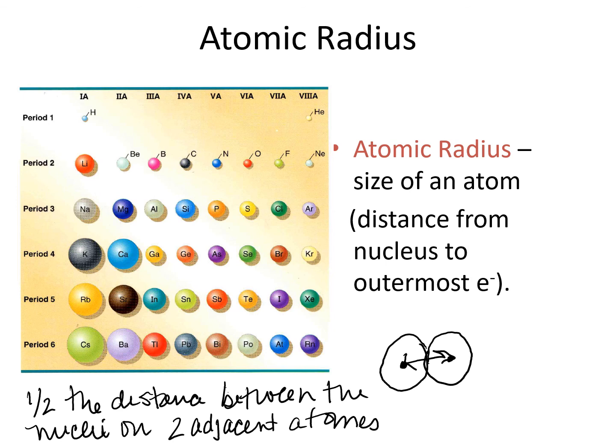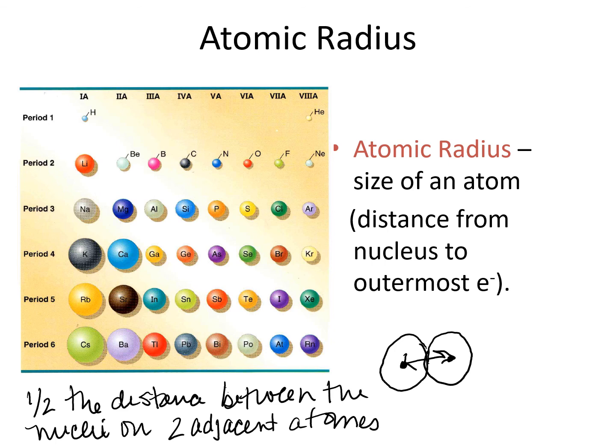And the stronger the hold of the nucleus on the electrons, the smaller the atomic radius. So this trend can be explained by effective nuclear charge. So remember, we just saw that when moving left to right across a row or a period, adding electrons to the same subshell, these electrons cannot shield one another. So the nuclear charge is increasing, but shielding is not.